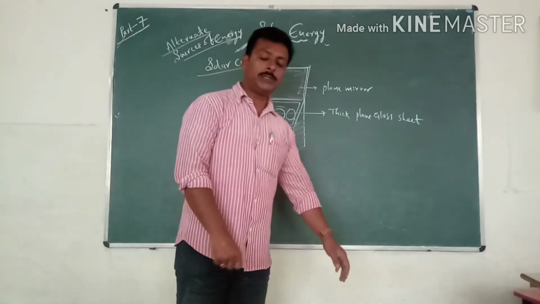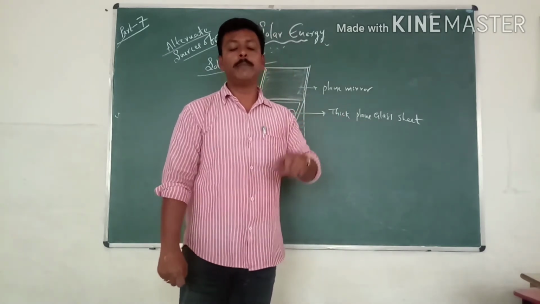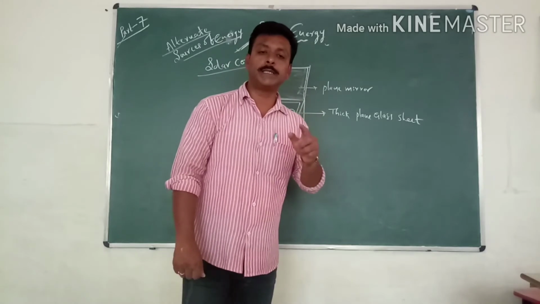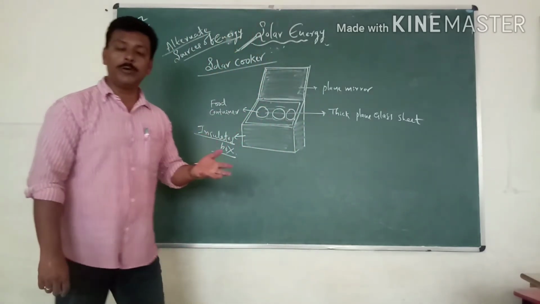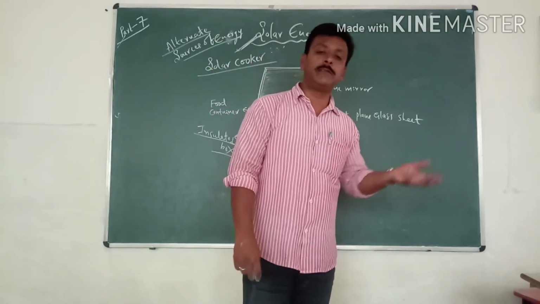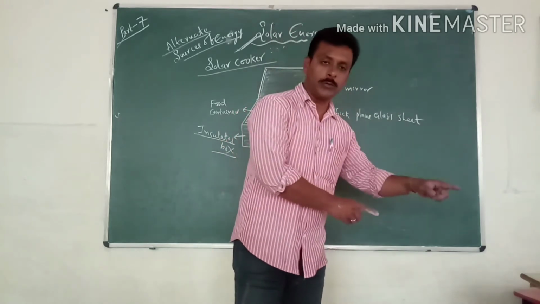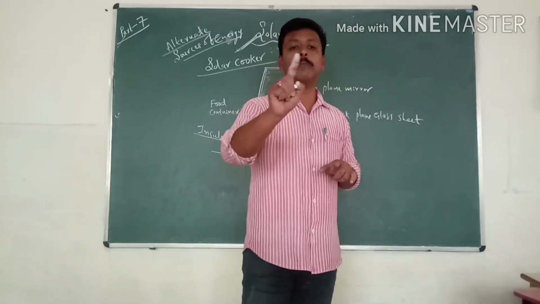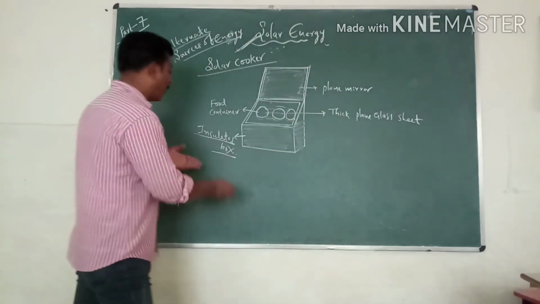Insulated means it should not be made with metal; it should be made with a non-conductor of heat. All metals are good conductors of heat, as all of you know, as well as of electricity. We should not prepare the solar cooker box with metals. We have to use insulated boxes.